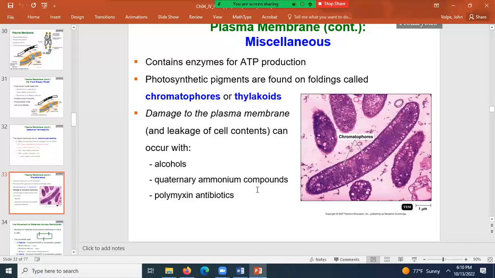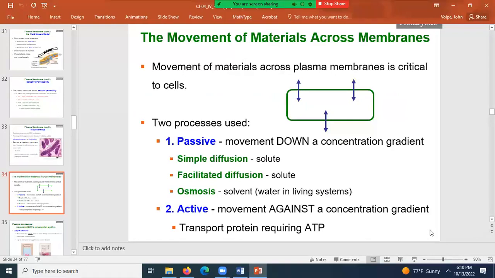All right, any questions about the plasma membrane? If not, let's talk a little bit about movement of materials across membranes. This applies to the plasma membrane, and then for eukaryotes, it applies to any organelle that has a membrane around the organelle.